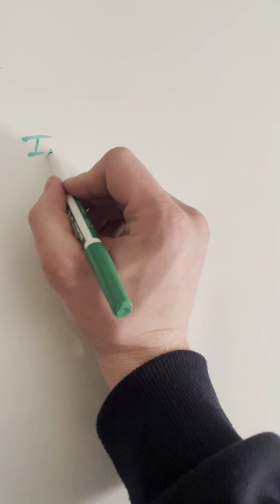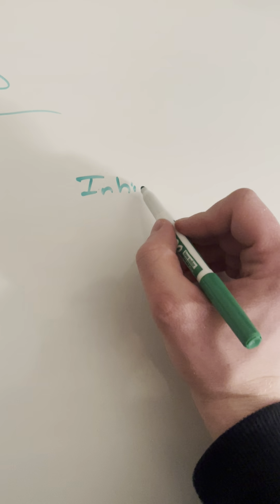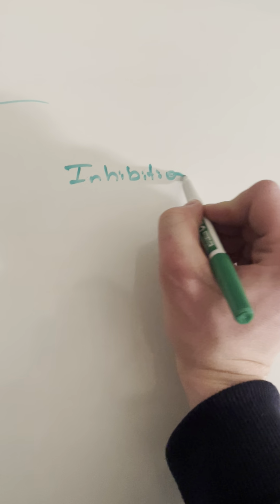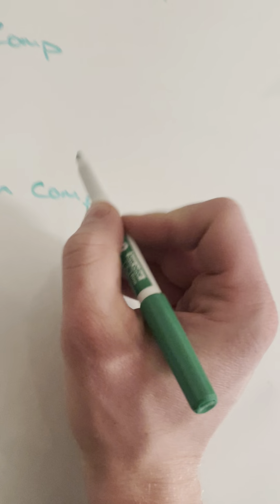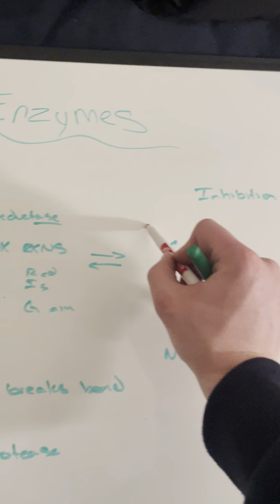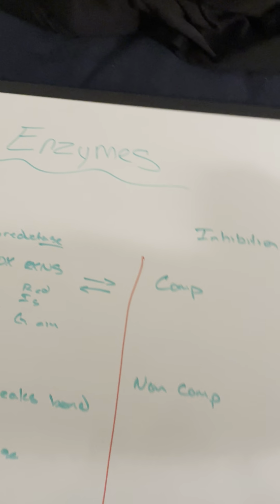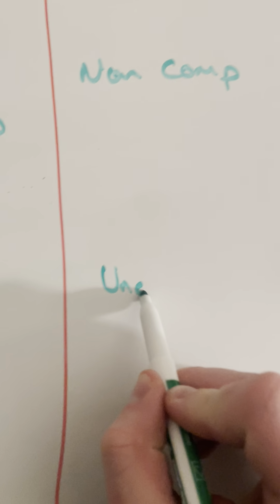Now, everybody's favorite, inhibition. We're going to have competitive, non-competitive, and uncompetitive. We're going to draw a big line right there and divide it up.